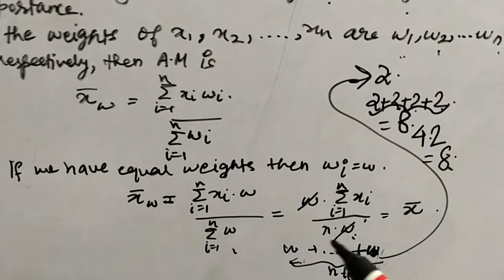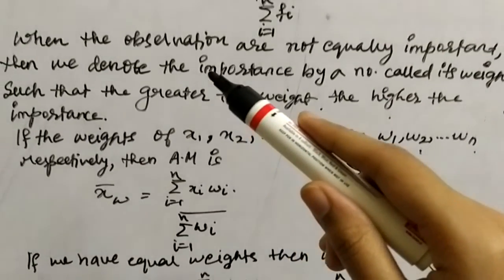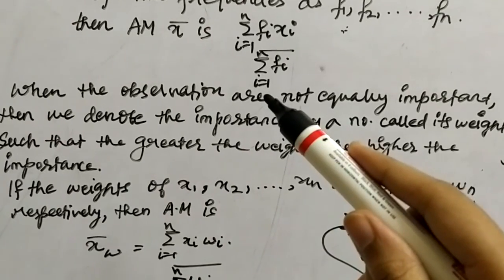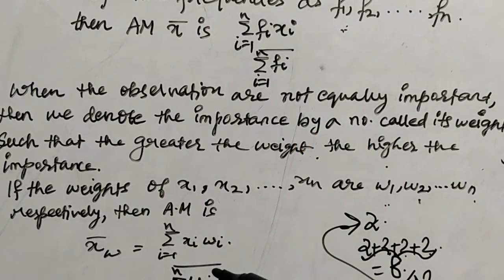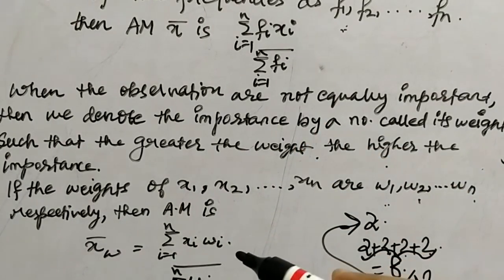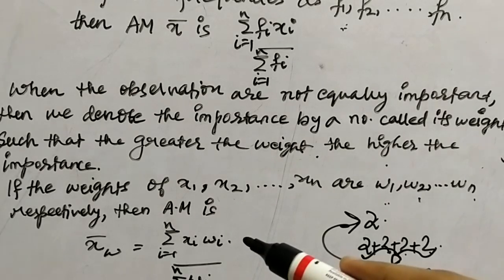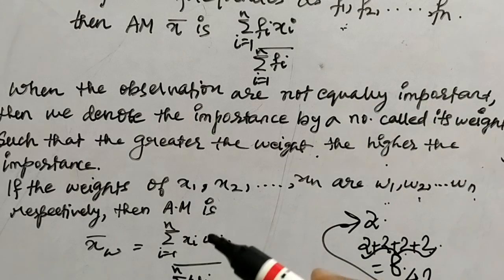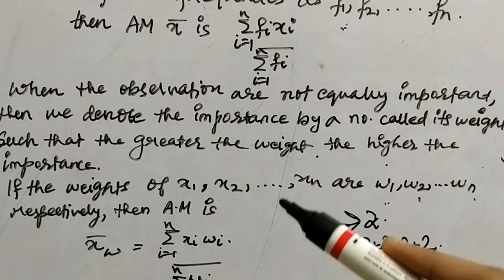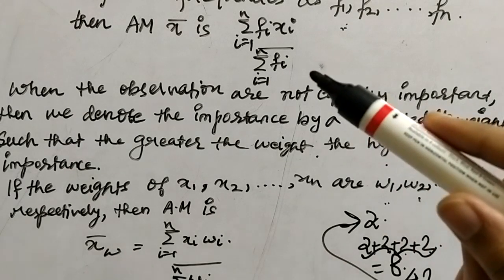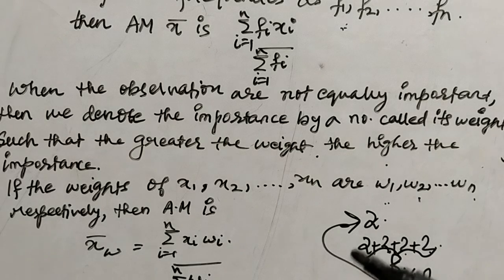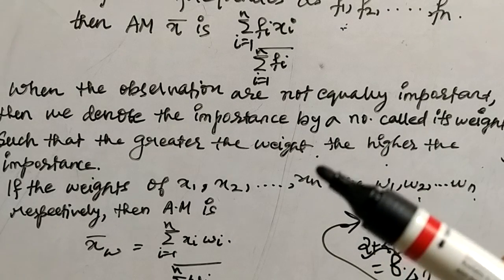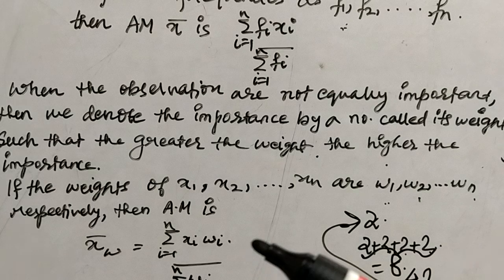And as you can see, this is the arithmetic mean and this is the weighted arithmetic mean. The difference here is only that instead of frequencies, we are writing weights. That's it. So the arithmetic mean for a frequency distribution is similar to the weighted arithmetic mean.